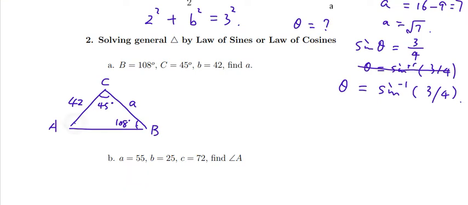Angle A equals 180 minus B minus C, right? So at first we find this angle, with just a little bit of calculation. Let's say 108, 45.